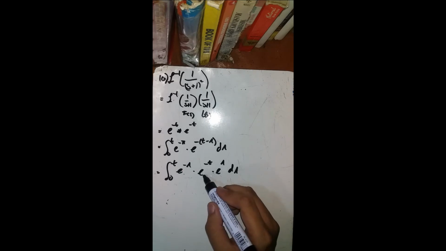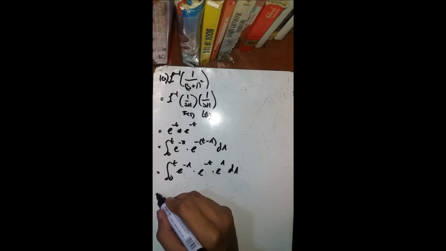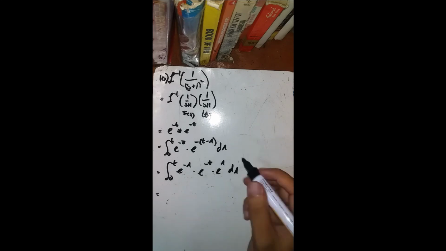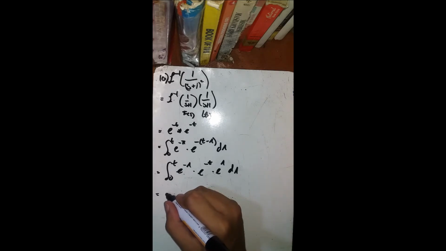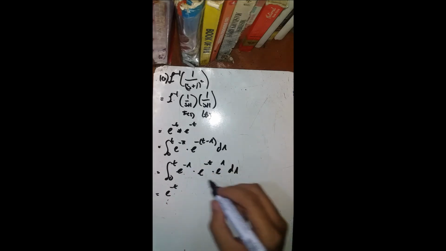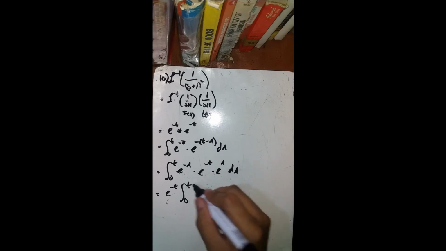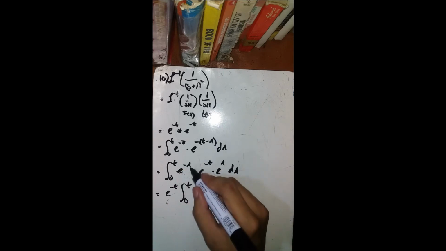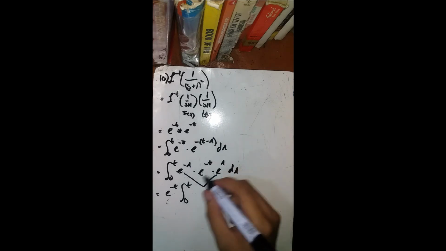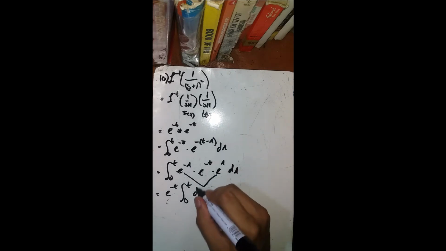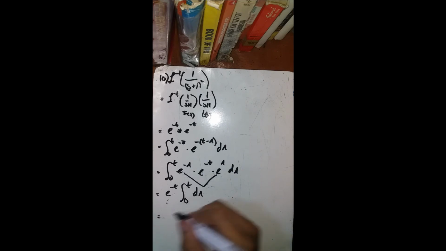So we took out the e raised to negative t, but this is negative, so we can bring it down. Inside, we notice that when we add these together, the exponents give 1, so what's left inside is just d lambda.